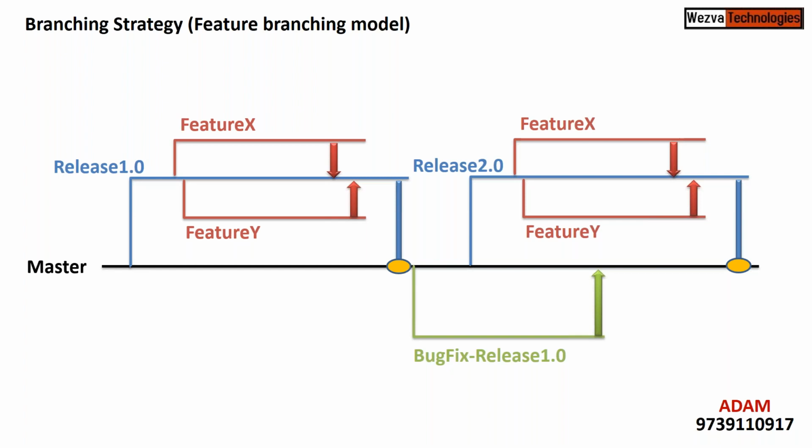As we move forward, we will see that this is one of the processes if you're working on a release. But if you're working on the operations side, you still have to follow some kind of branching, and there will be a different branching that we will have to understand. This is more from a particular release.